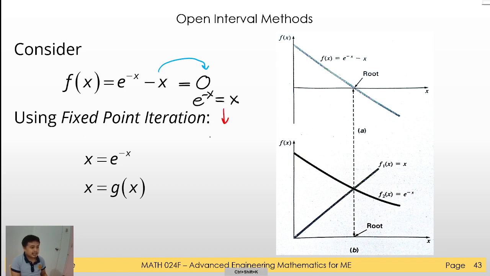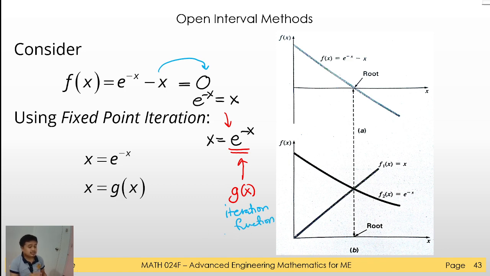Swapping these sides, we have x is equal to e raised to negative x. So what is the g of x here? The g of x here is e raised to negative x. So this will be our iteration function for our fixed point iteration.